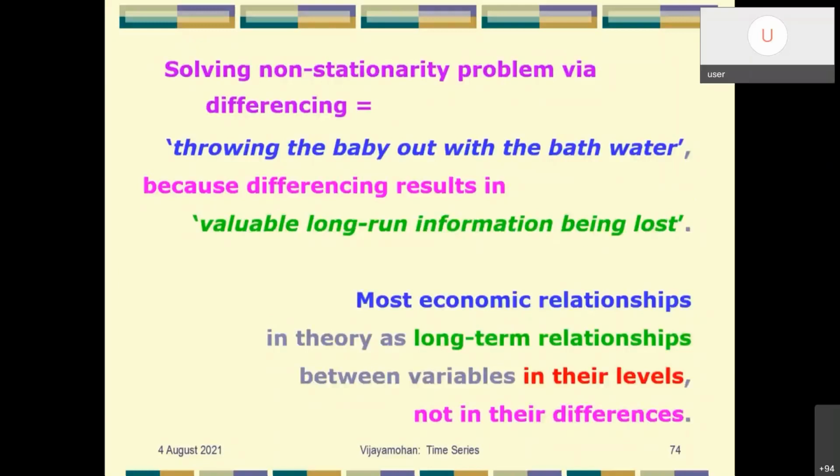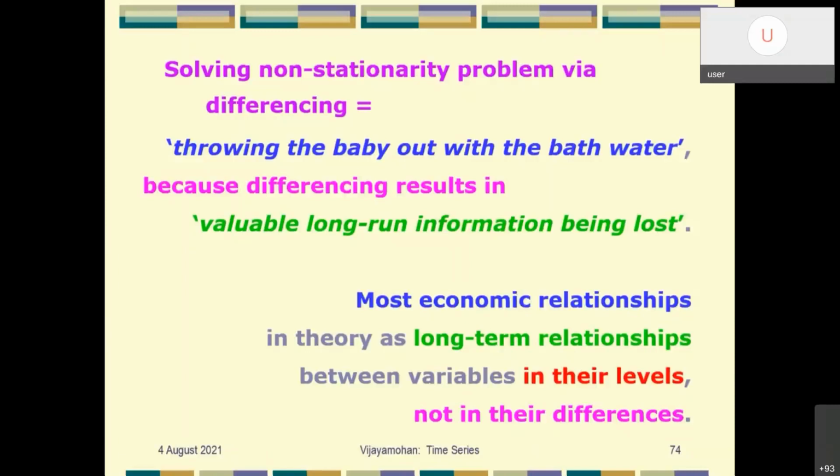So the modern econometricians were telling us that solving the non-stationarity problem via differencing is equivalent to throwing the baby out with the bathwater, because differencing results in valuable long-run information being lost.